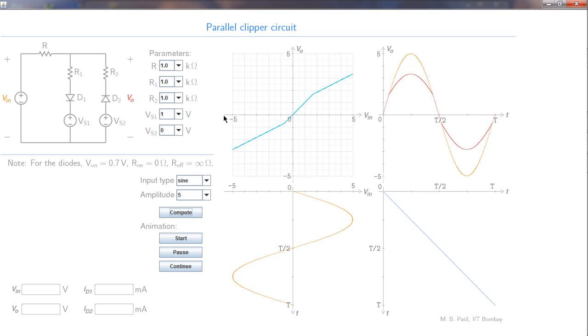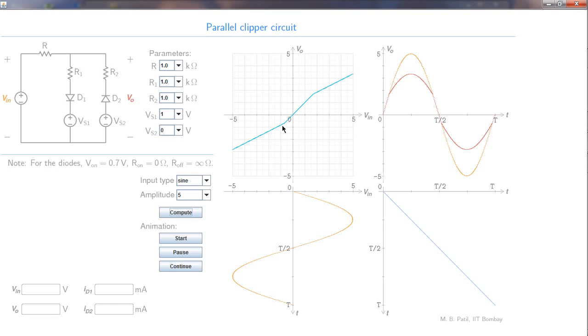This axis is VI going from -5 to +5 volts. This axis is VO, again going from -5 to +5 volts, and that is our VO versus VI characteristic. Where are the breakpoints? One breakpoint is here, the other breakpoint is here.